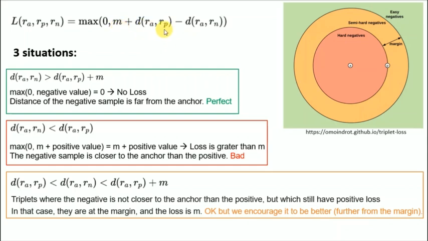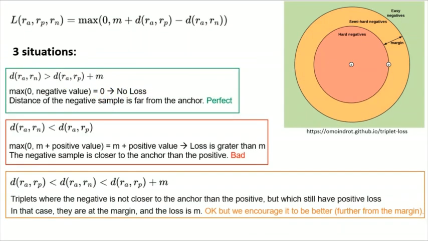Therefore, when you're subtracting a bigger value from a smaller one, you'll get a negative value. That's why we have a negative value here. Then we take the maximum between 0 and this negative value, and of course the maximum is 0. Therefore, we have no loss in this case. This means that the distance of the negative sample is far from the anchor, and this is the most perfect situation we have.